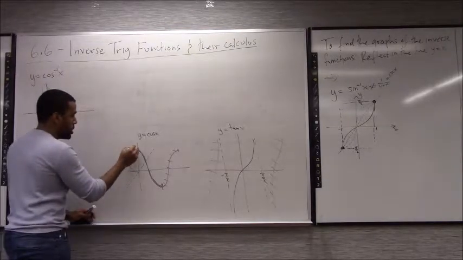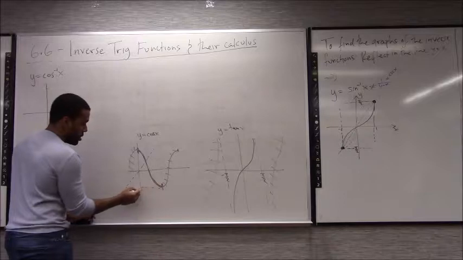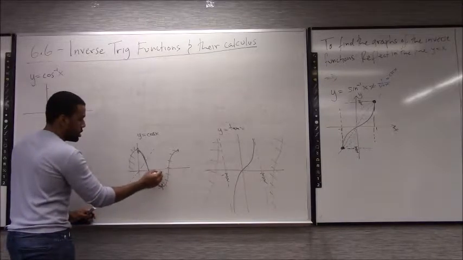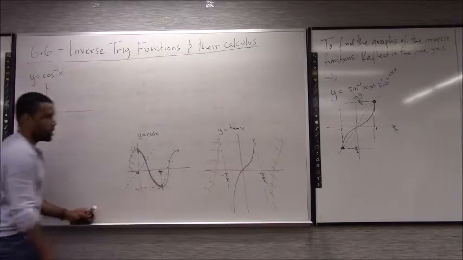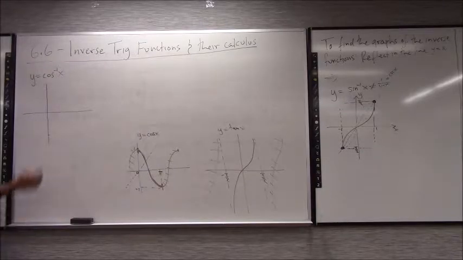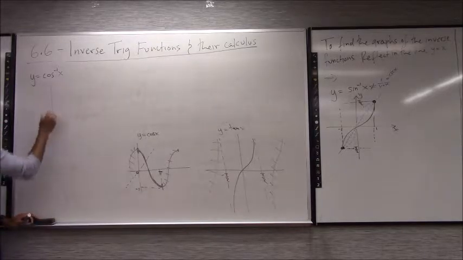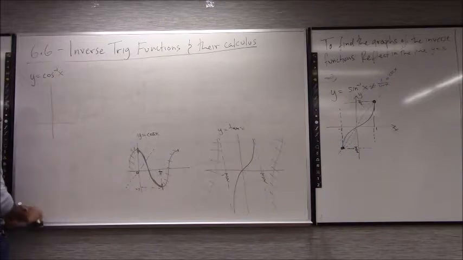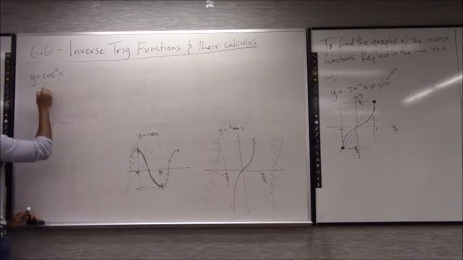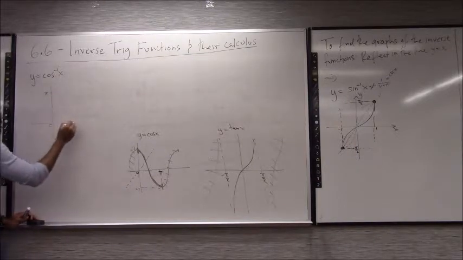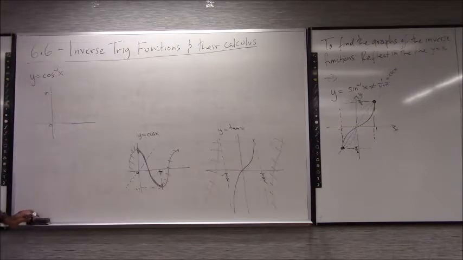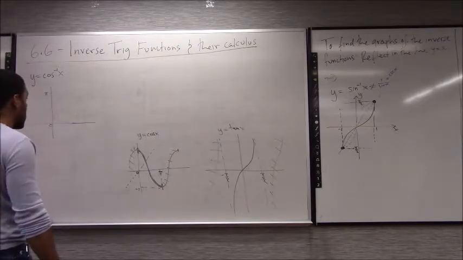What are my limits here? This is a 1. This is a -1. This is at pi, right? 0 to pi. Which means that this graph is going to flip: on the y-axis, we're going to be from 0 to pi. And then on the x-axis, we are going to go from -1 to 1.